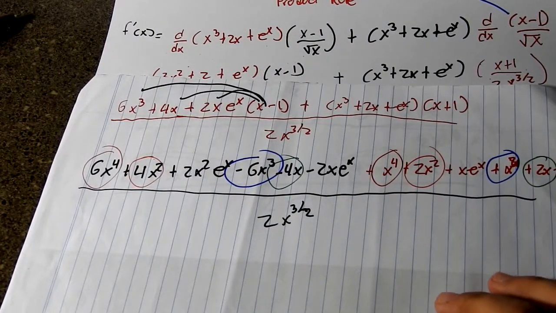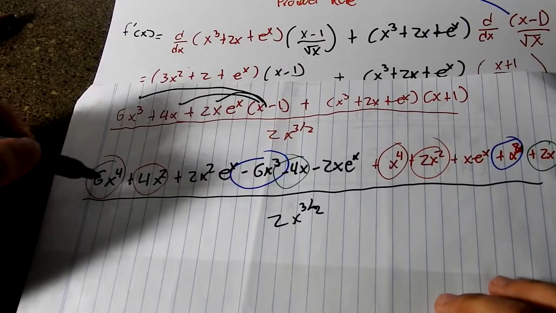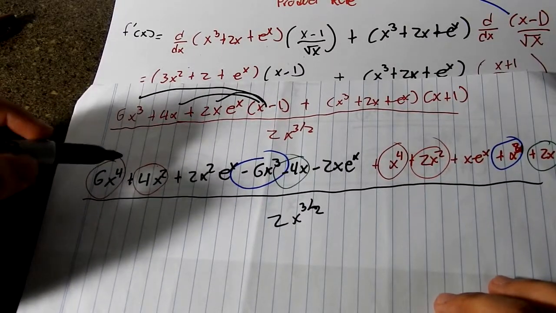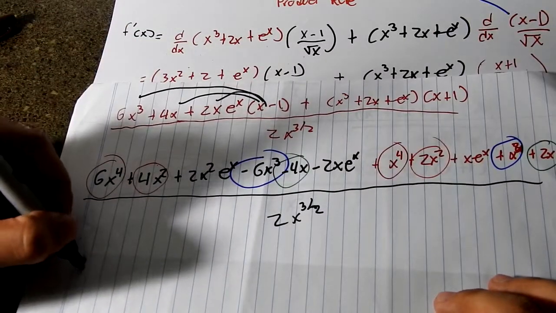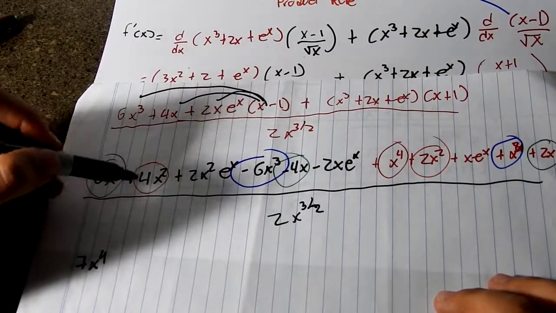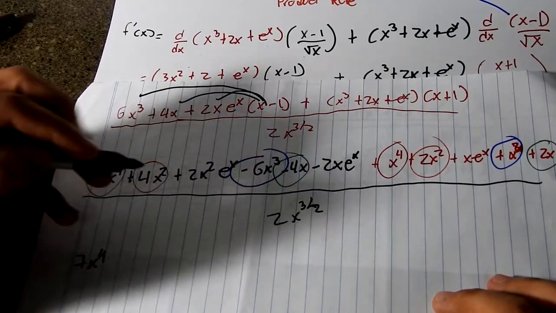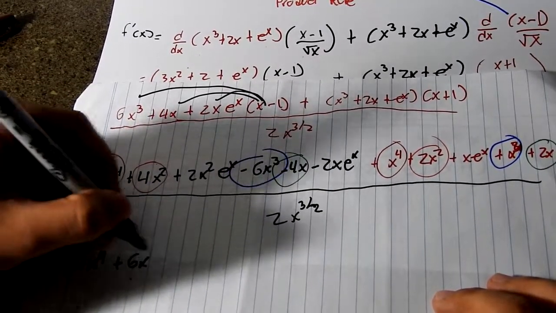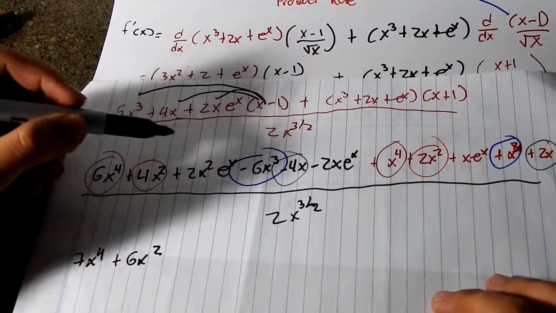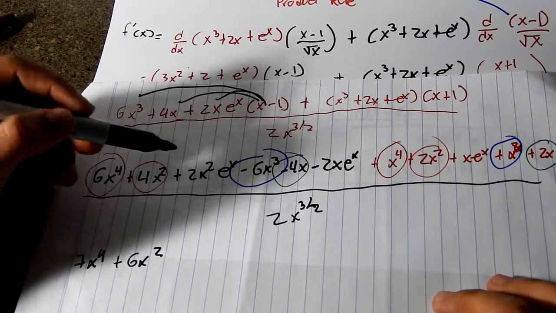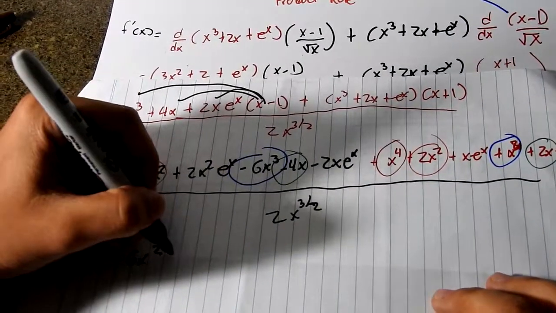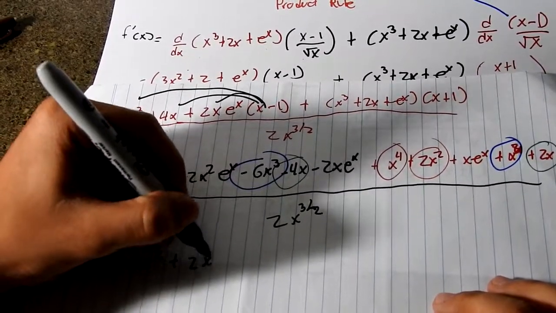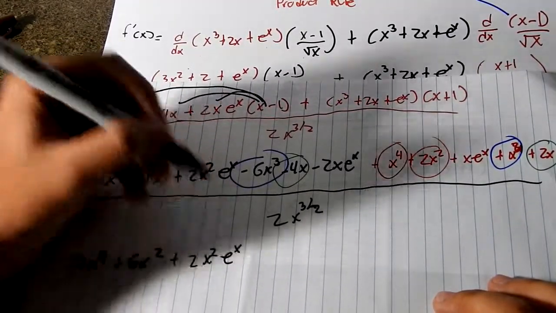So I'm going to do this in the same color. We have 6x to the 4th plus x to the 4th is going to be 7x to the 4th. 4x squared plus 2x squared is going to be 6x squared. And then we have 2x e to the x. We don't have any other terms, so we're going to leave it. 2x squared e to the x.